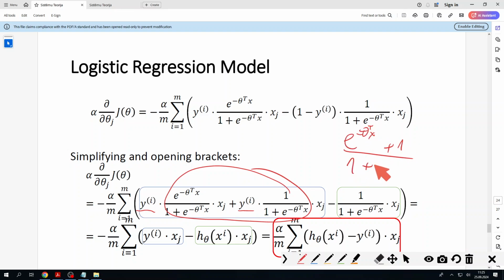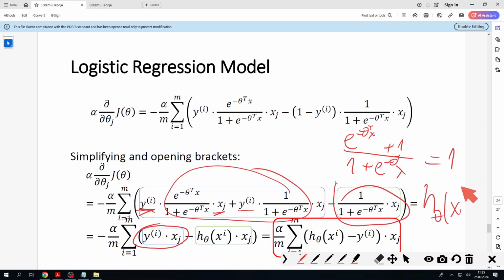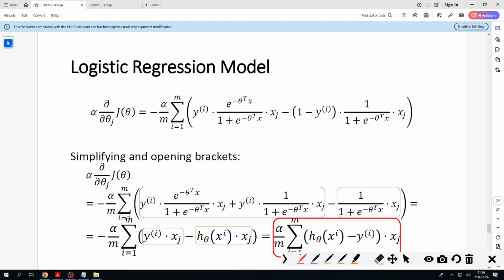Here you have 1 plus e to the minus theta transpose x, which is 1. So you are left with this yi and this xj, whereas this is our actual hypothesis, multiplied by x. Here also x. Factoring out this xj outside of the brackets gives you the final expression, hypothesis minus yi multiplied by xj.